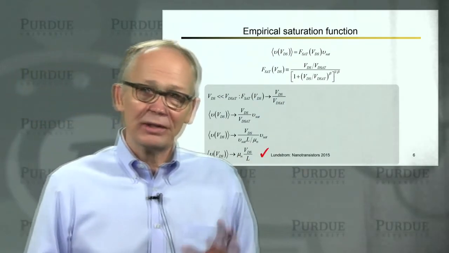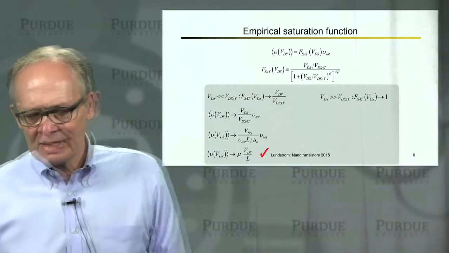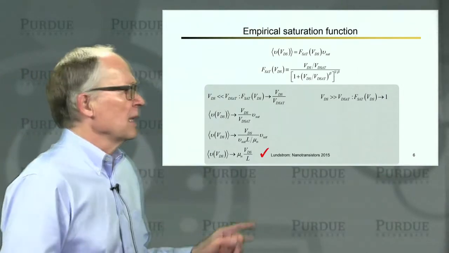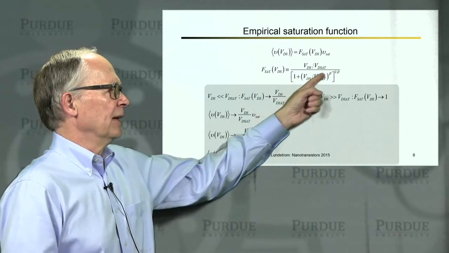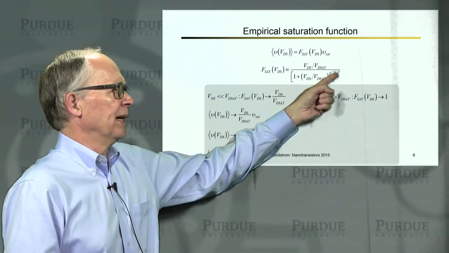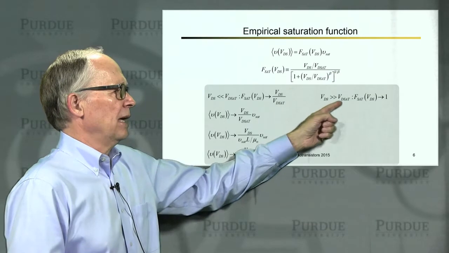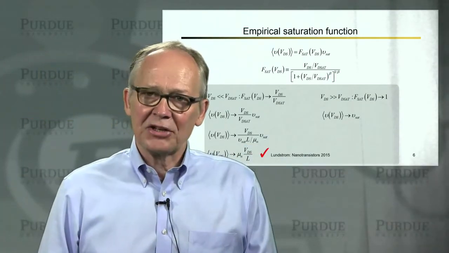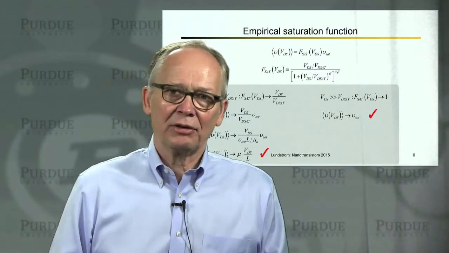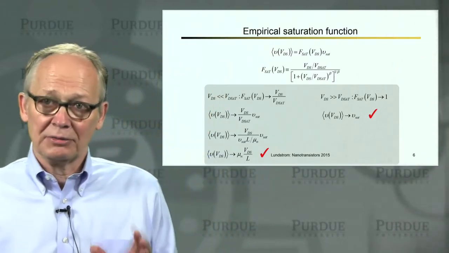Just what it should be. So it does the right thing at the low field. If I look at the high field, I can ignore the 1 downstairs, and then the beta and the power 1 over beta cancel out, and FSAT just goes to 1. The average velocity goes to the saturation velocity, and that's the correct answer under high drain voltage.